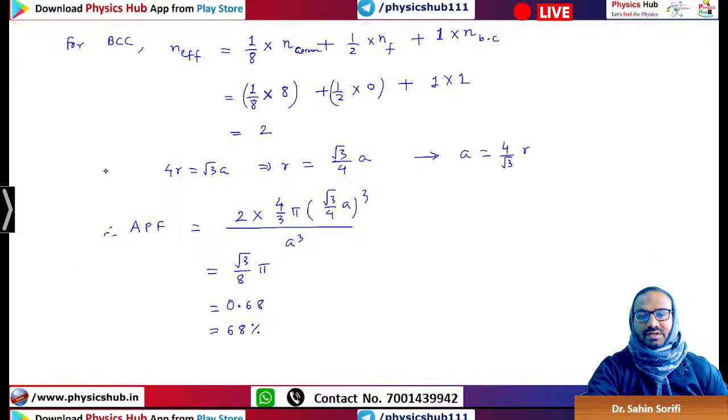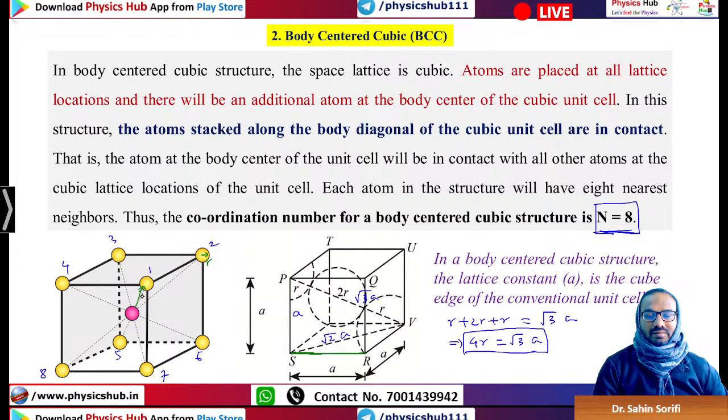Okay, so what I was talking about, nearest neighbor. For body centered cubic, you see the nearest neighbors are these corner atoms. Okay, second nearest neighbor, if you consider this atom, the second nearest neighbor will be these atoms. Third nearest neighbor will be these atoms.